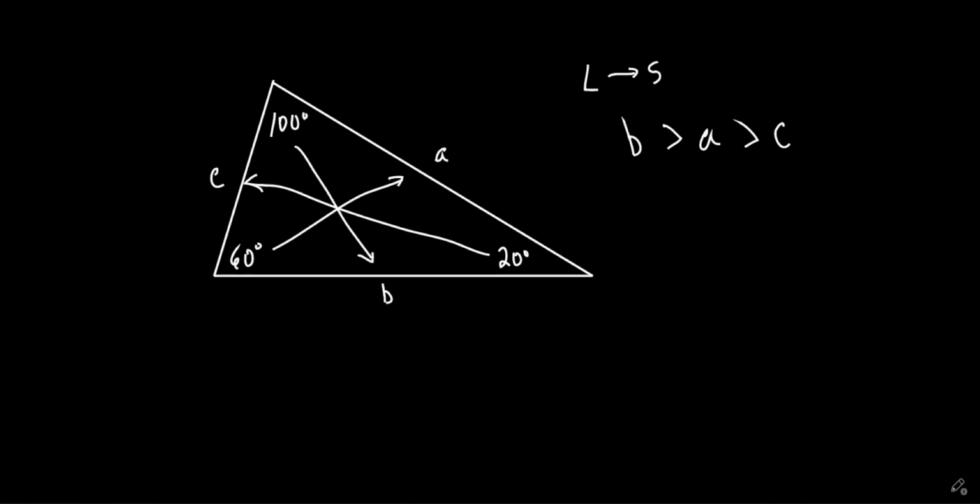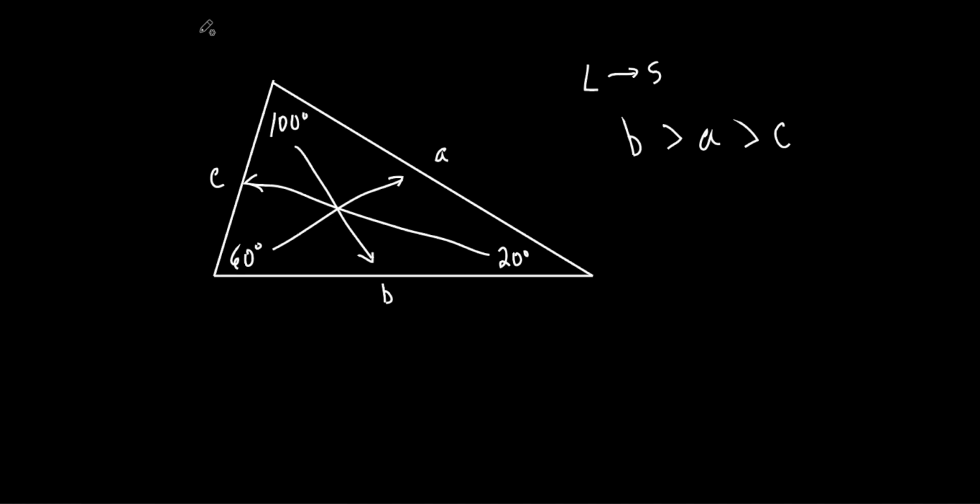Everybody with me on that? It's not too hard, is it? Largest to smallest. Okay? You could have gone smallest to largest, couldn't you? If I asked you to go smallest to largest, you would go what? C, A, and B.